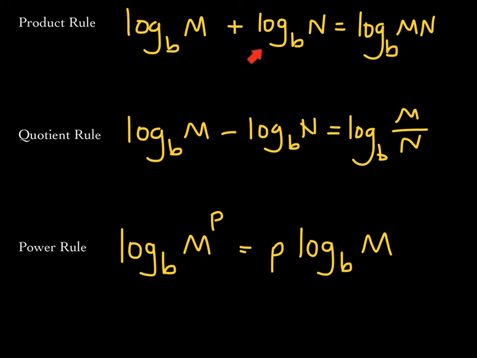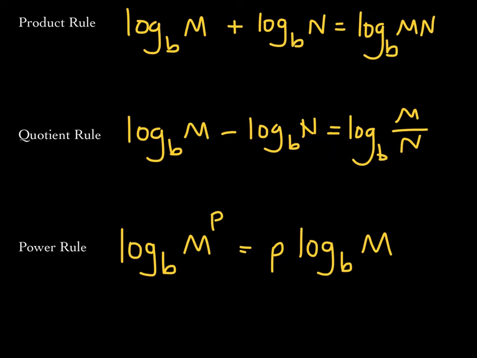So the sum of 2 logs can be rewritten as a single logarithm, okay? And notice that the argument is now a product, right? It's m times n.